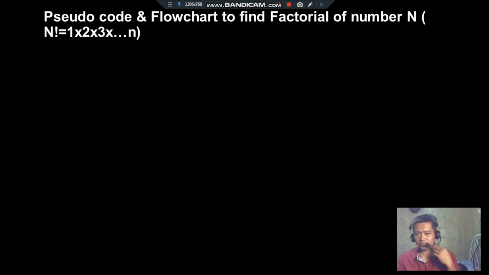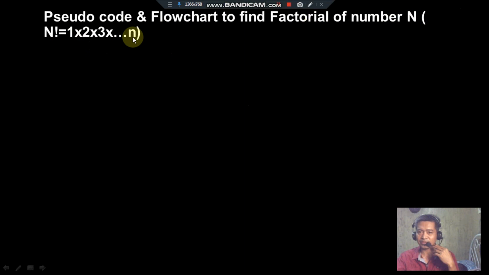Ang hint natin dito ay lagi nasa formula lang naman. Mapapansin nyo, nag-i-increase by 1 ang pag-multiply. So, dapat meron tayong container or variable na nag-i-increase by 1 din until ma-reach ang value ng n.